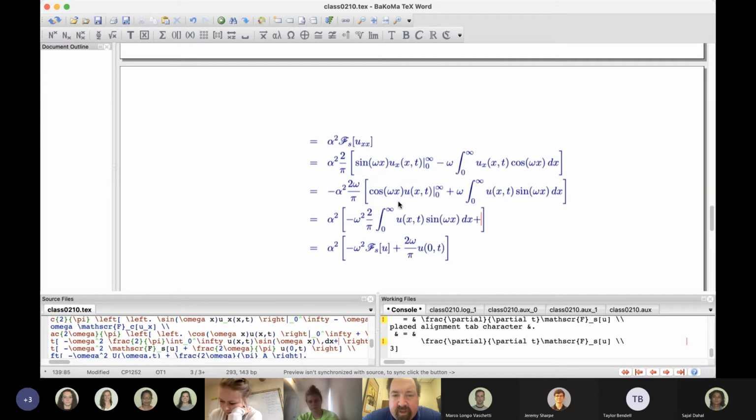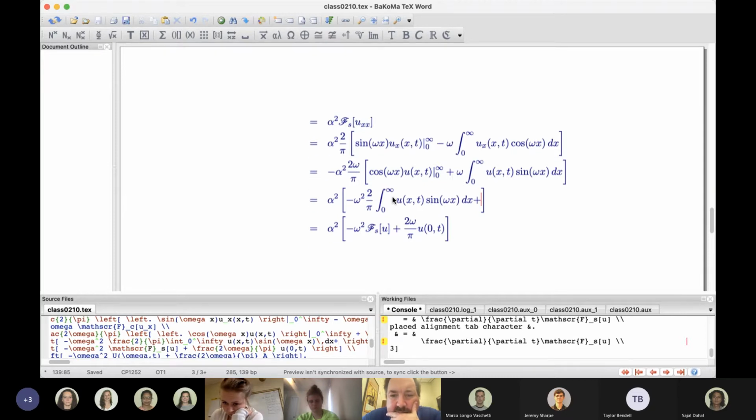And then I have this part here. If I let x go to infinity, again, this part will be 0 because u goes to 0 as x goes to infinity. But then I have minus the value at 0. Cosine of 0 is 1. So I have minus u of 0,t.